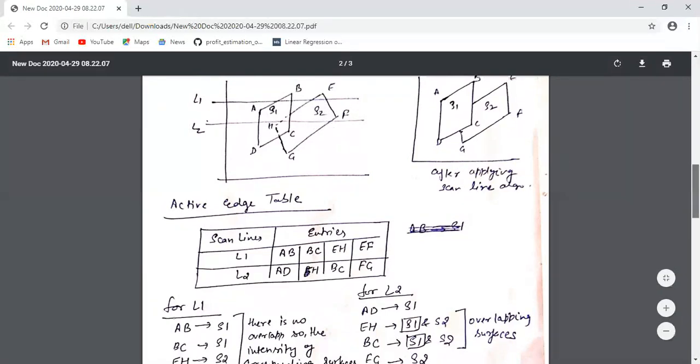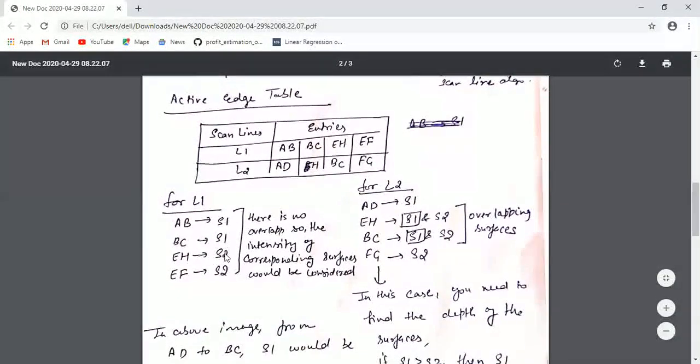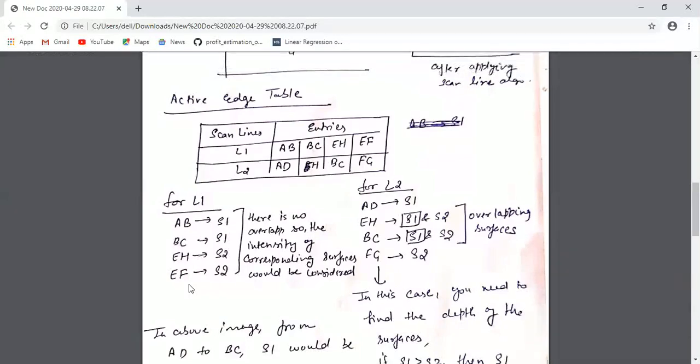That means there is no surface overlap for all these four edges for the scan line L1. All these active edges belong to a single surface for scan line 1.